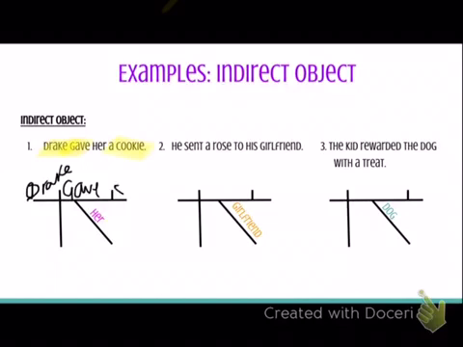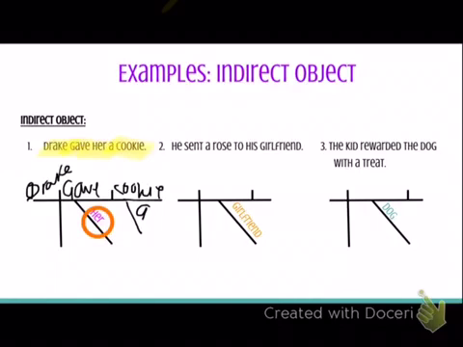So right here the direct object, cookie, extend the line, and create a line beneath it for a, because it is describing cookie. And for who the cookie was given, her is an indirect object. So the central question of the indirect object is: for whom was the cookie given?